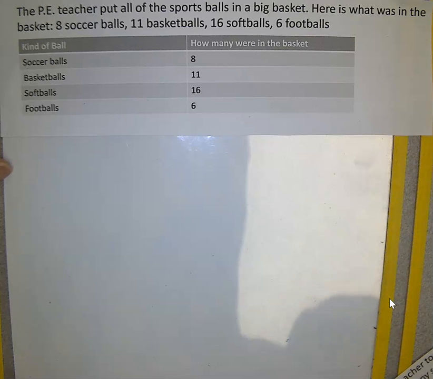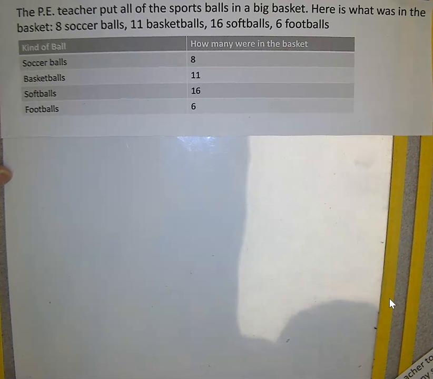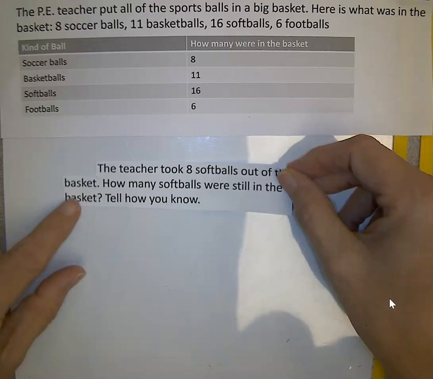So we can use this data to help us solve problems. We know the PE teacher put all of the sports balls in a big basket, and here's what was in the basket. All of these different types of balls. Okay, so let's look at our data and see if we can solve this problem.